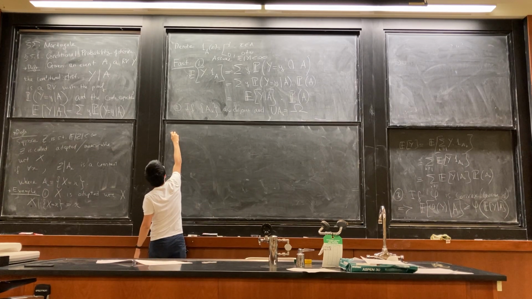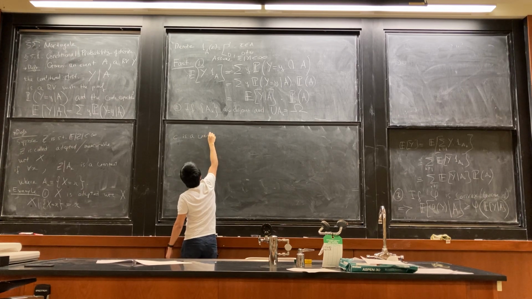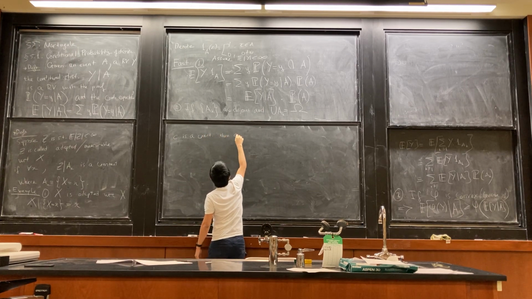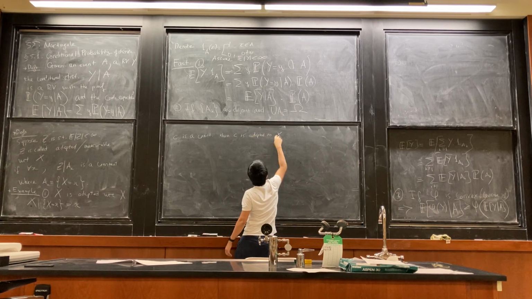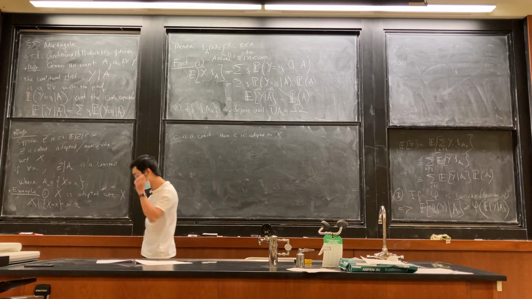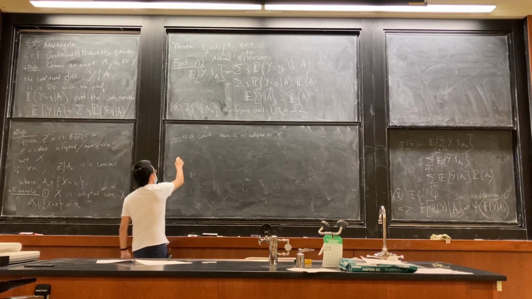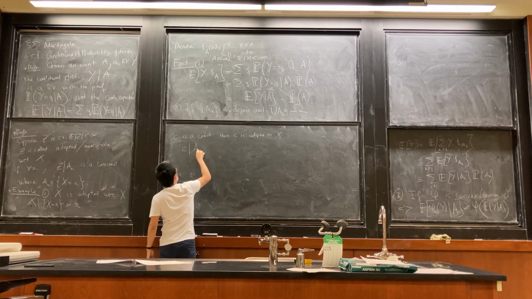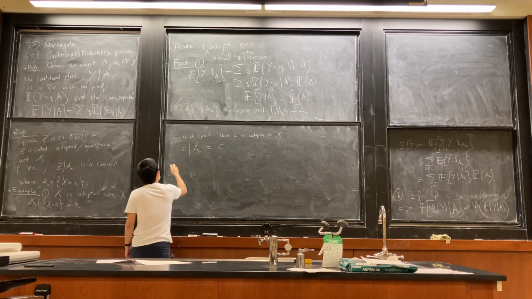So, number 2. For instance, another one could be the constant C, and C is adapted to X. This is because if I have C being a constant and condition on X, C is still a constant. So C conditioned on X is always C, a constant, so it doesn't really go anywhere.